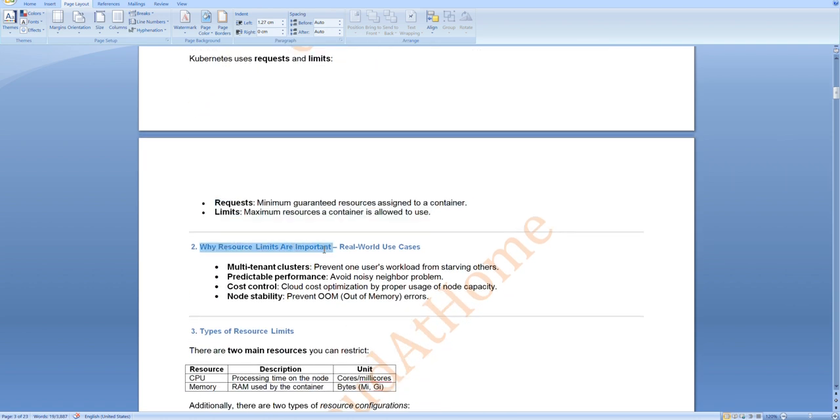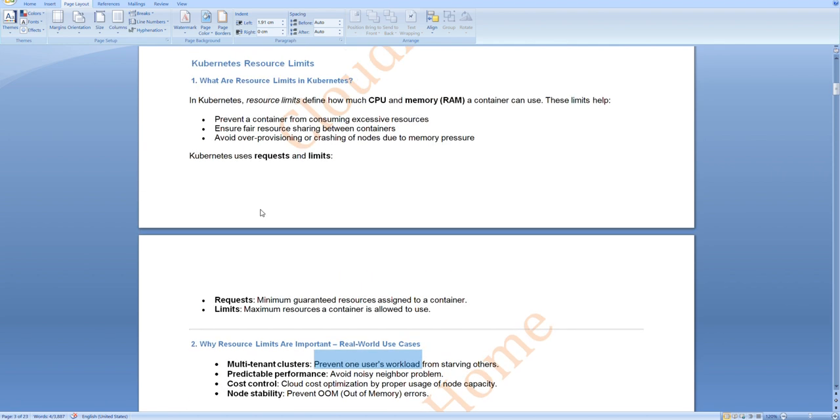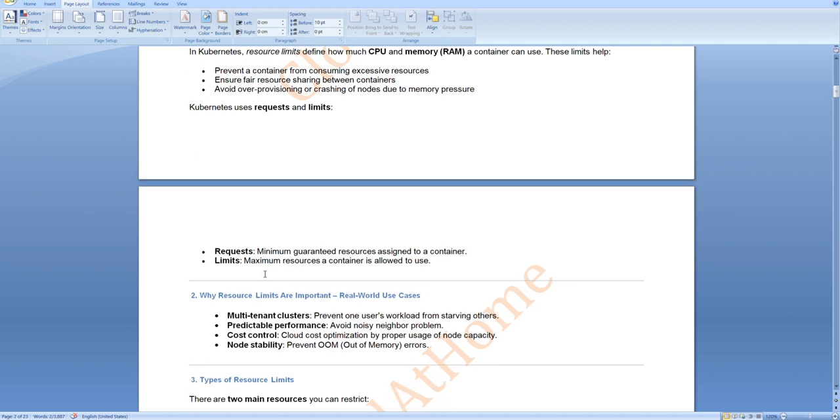So why are resource limits important? Let's understand with real use cases. First, in a multi-tenant cluster, it prevents one user's workload from starving others. Your application should not impact other applications, so you should definitely include resource limits in your manifest file.